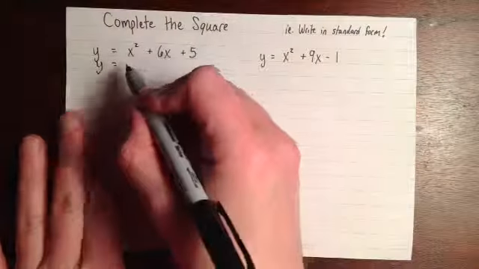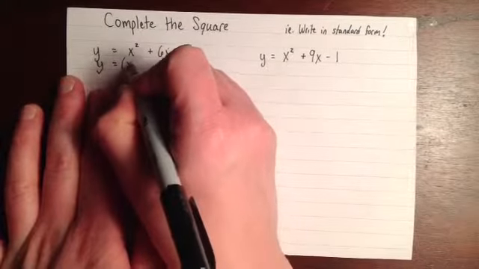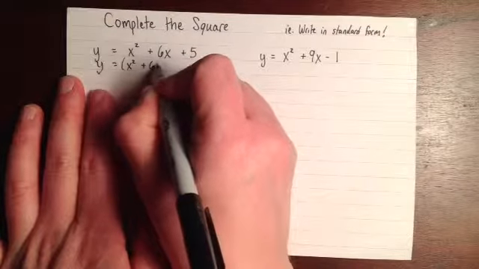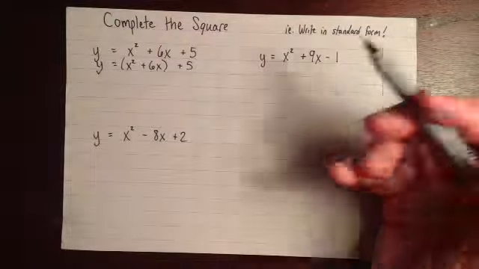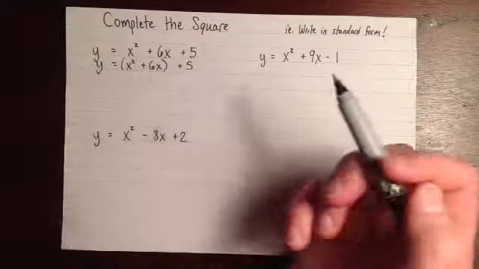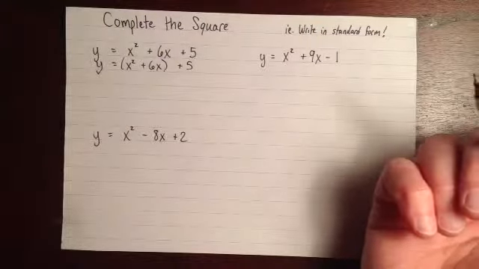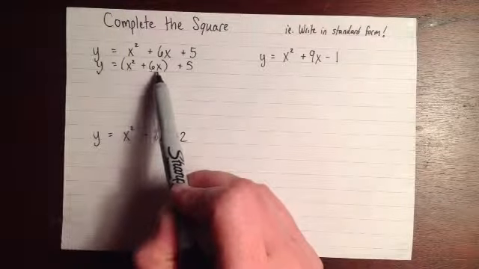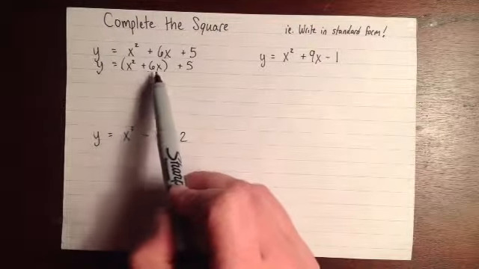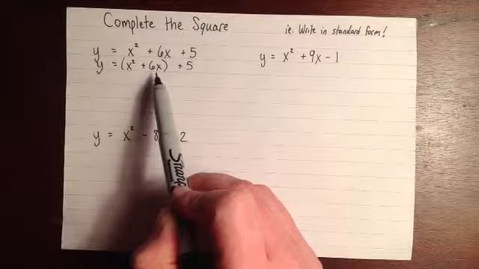But first, just put the first 2 terms in brackets. So we didn't really do anything yet. Okay, we've got x squared plus 6x plus 5. That's essentially nothing. It helps us visually divide this part off too. What we're going to try to do here is take this and turn that into a perfect square. Okay?